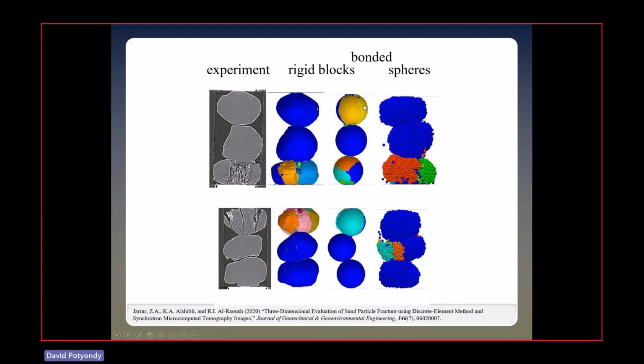Remember, a rigid block is a polyhedra made up of a bunch of triangles. Well, you can approximate a sphere as a bunch of triangles. And these are now rigid blocks that are glued together. This would be called a bonded block model. And then he looks at the breakage of that sort of a thing and talks about it in this paper down here. This is actually showing the particles themselves are breaking, representing it at this sort of a scale. Okay.